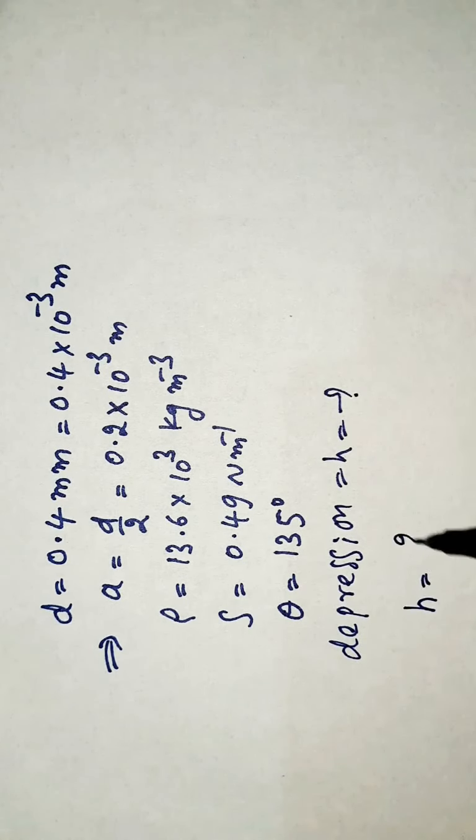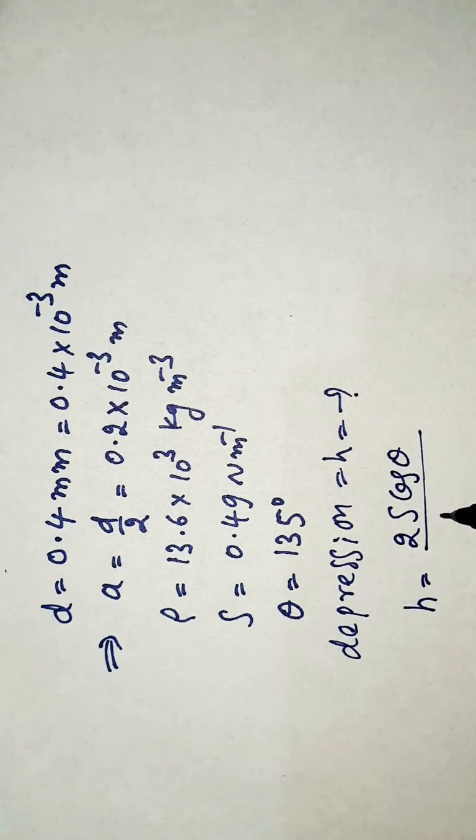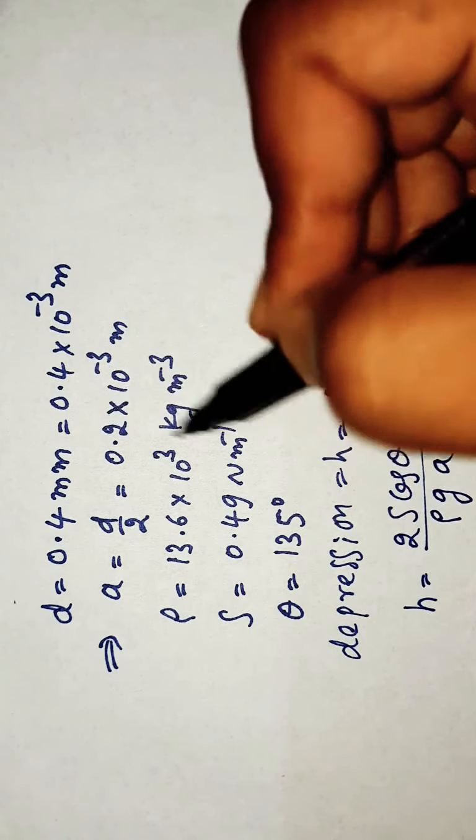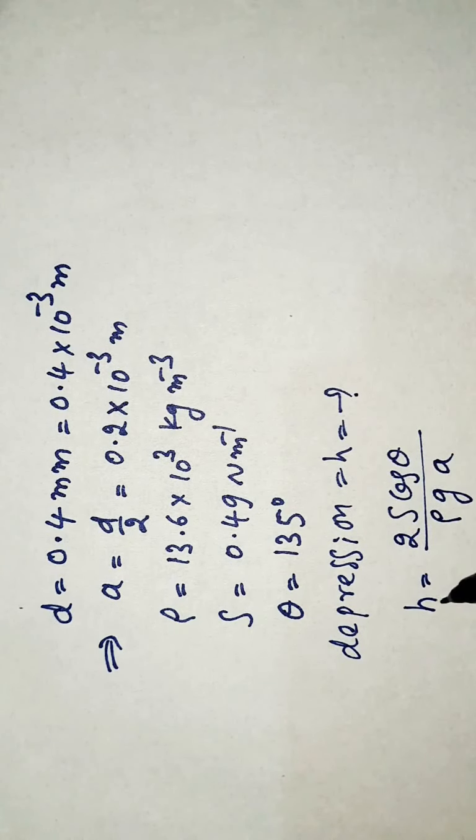So that is h. Here we have a formula. h is equal to 2s cos theta by rho g a. If we substitute these values in this equation, we can get h.